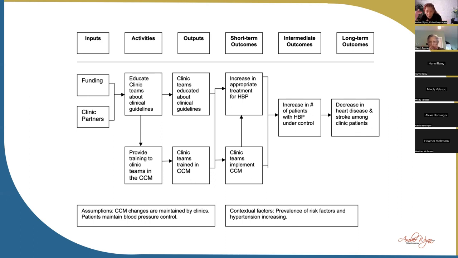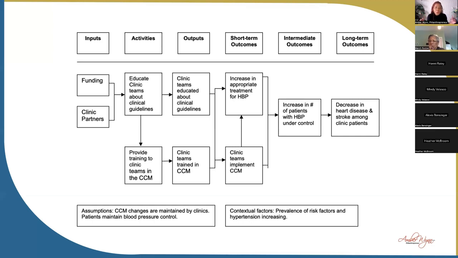Then you move it forward. The short-term outcome is an increase in appropriate treatment for high blood pressure. Then the clinic teams implement, which gets you to your intermediate outcomes, an increase in the number of patients with high blood pressure under control. And then the long term is a decrease in heart disease and stroke among the patients.